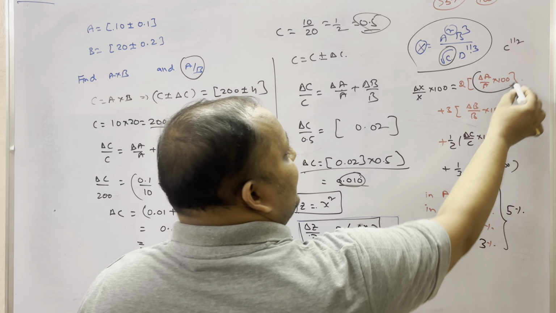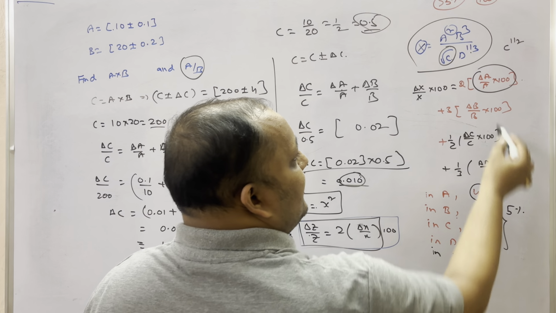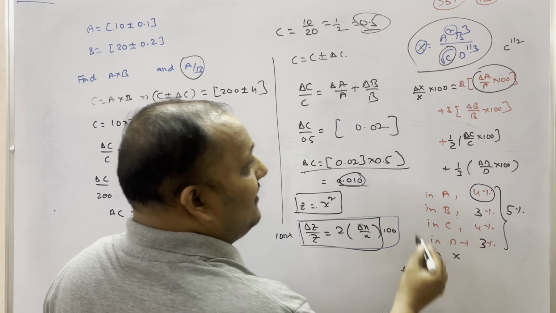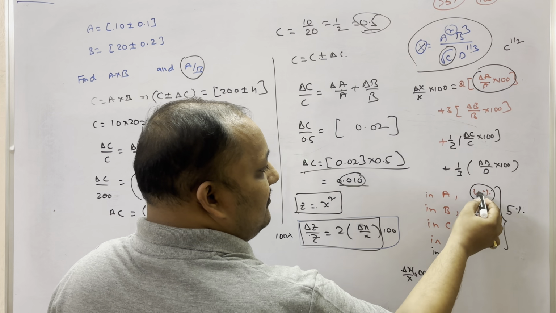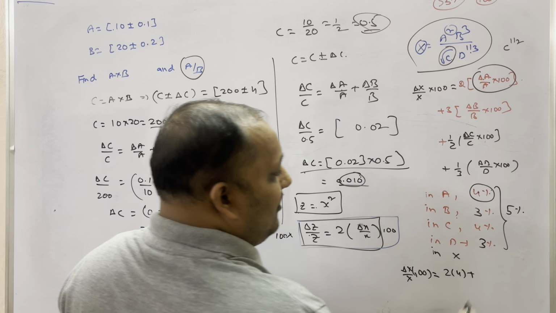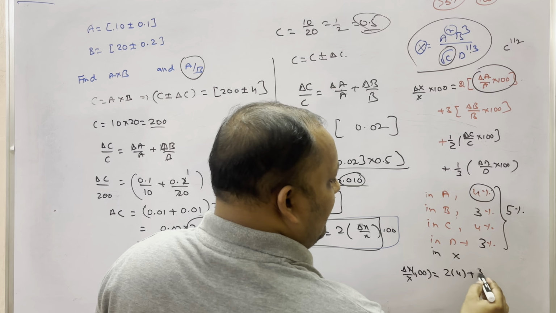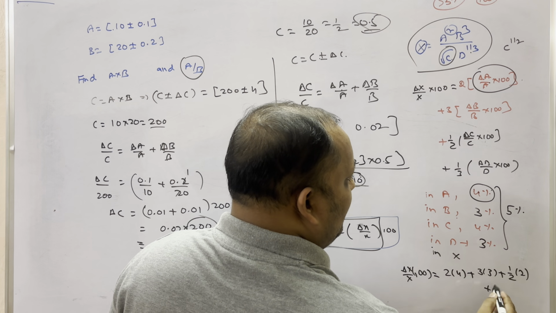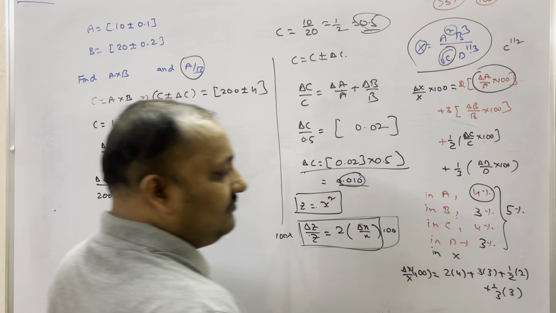In A, how much percentage did they give? 4%. Substitute here. So delta x by x into 100 equal to 2 into 4 plus 3 into 9 plus 1 by 2 into 4 plus 1 by 3 into 9.